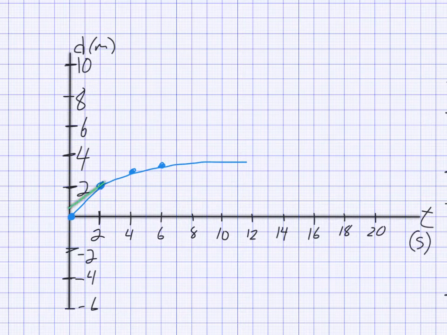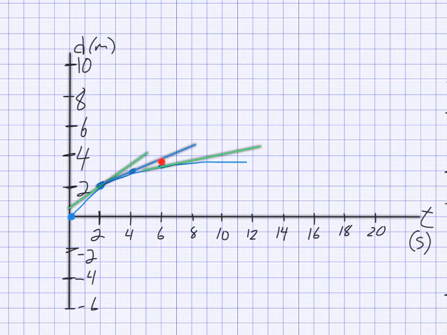So this first one here, the tangent line is going to be pretty steep like that. Our next one is going to be a little less. It would be like that. And then our third mark, we'll do that in green too. Look, it's even less. And so you can see that a downward curved line is going to have a decreasing slope.